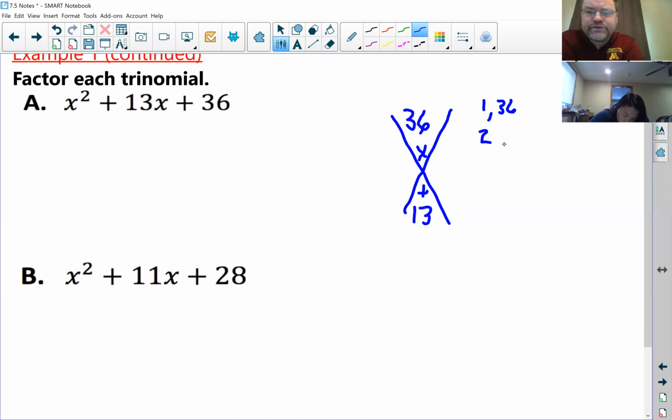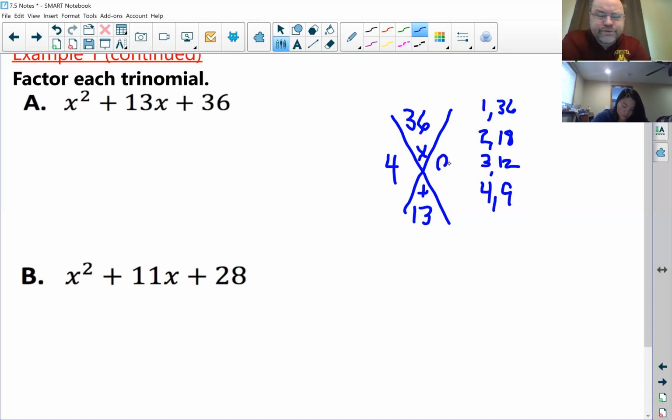And I always would do the factor pairs, go with numbers that multiply to 36 and see if they add to 13. 2 and 18, that doesn't add to 13. 3 and 12, that does not add to 13, but we've got to be close because that adds to 15. My next pair, 4 and 9, they do add to 13.